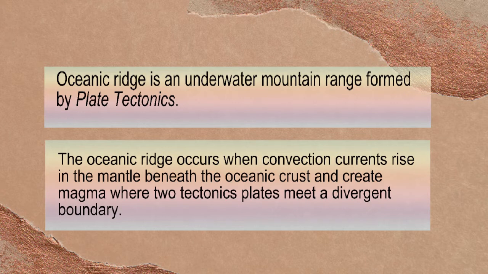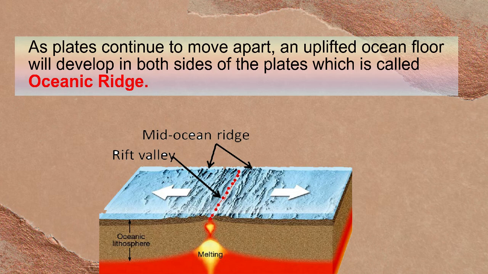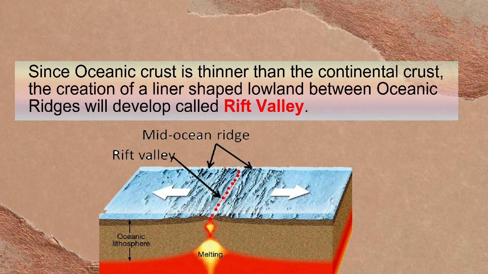As plates continue to move apart, an uplifted ocean floor will develop on both sides of the plates, which is called an oceanic ridge. Since oceanic crust is thinner than the continental crust, the creation of a linear-shaped lowland between oceanic ridges will develop, called rift valleys.